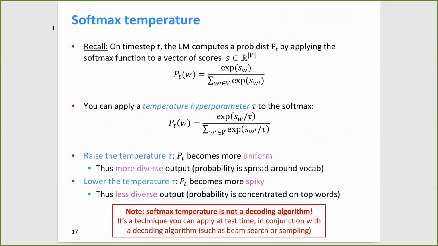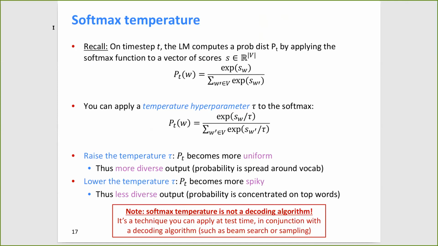And there is something called Softmax Temperature here. I didn't read more about it, but as we can see here, it is some variant of Softmax. If the Softmax temperature is increased, we get more diverse outputs.